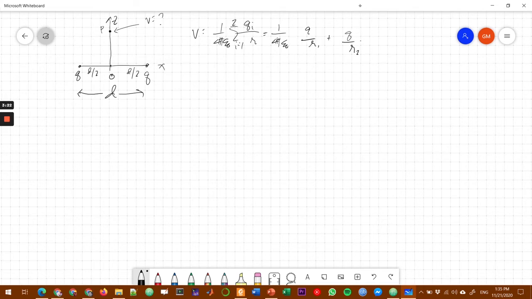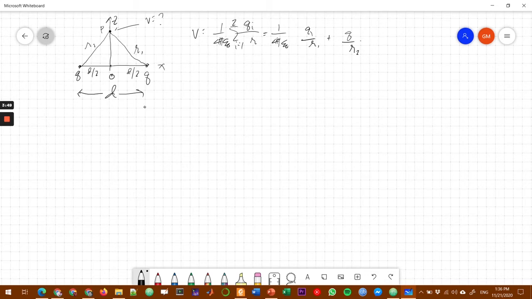Now this is R1 and this is R2. It's not exactly straight, but let's assume it's a straight line.